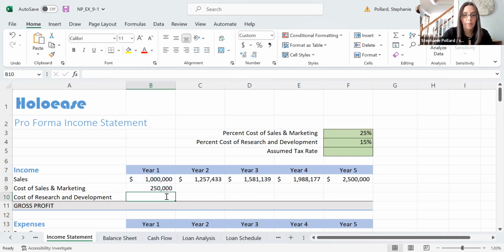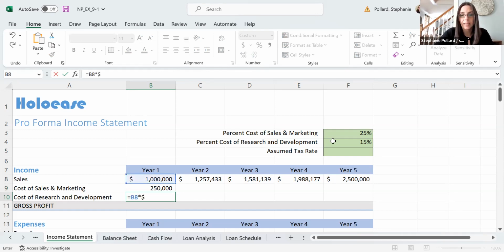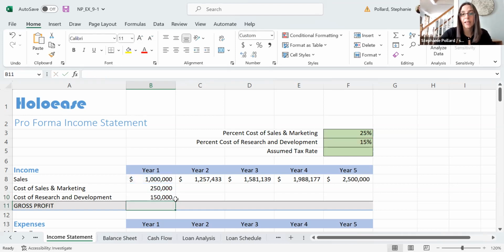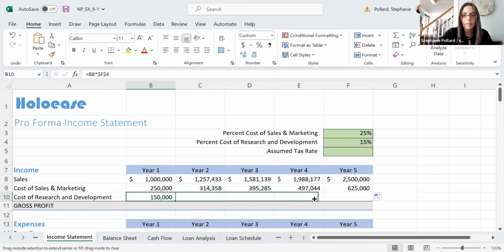And then here I'm going to do the same thing, take my B8 and multiply it by my percent for research and development. So that is F4. Now, notice that I am fixing my F4 and my F3 because I am going to drag these across and copy them. And I don't want them to change. So I can figure out years 2 through 5 just by copying that same formula across.